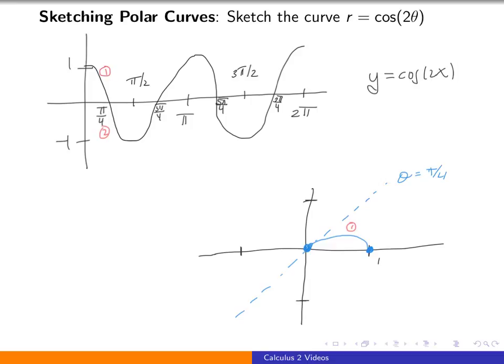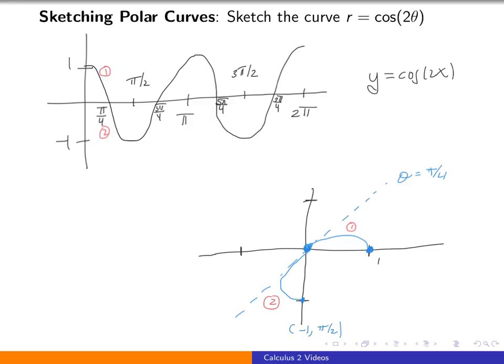As you rotate around, your r value goes from 0 to -1. So this would correspond to the second portion of the curve. And just to make sure we're all on the same page, this point down here would correspond to -1 comma pi over 2.